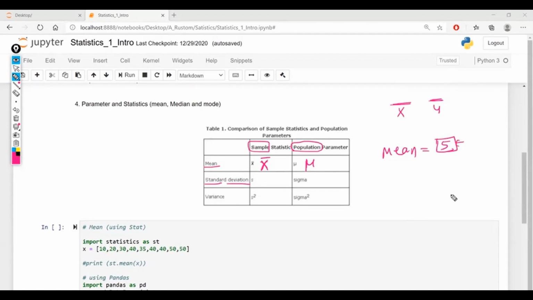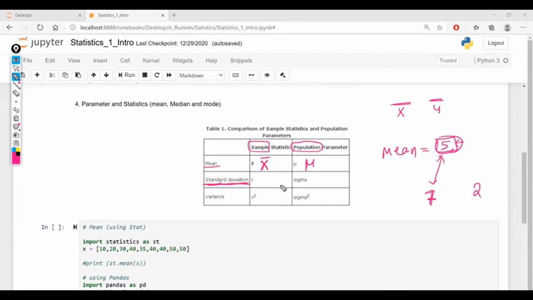Suppose there is a number 7. If I compare this with the mean, how much is the data deviated? I can say 2. Now I'm just giving a rough idea here. Basically, the idea is how much data is deviated from this mean, and that is nothing but standard deviation.